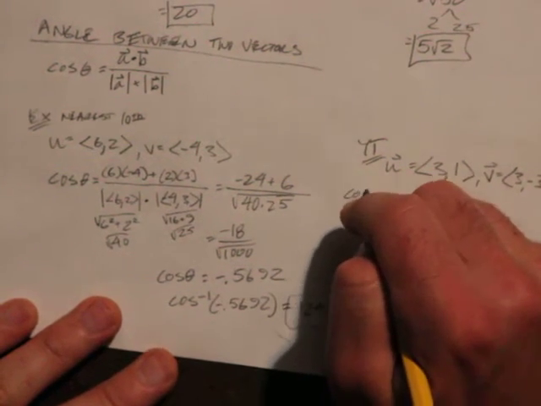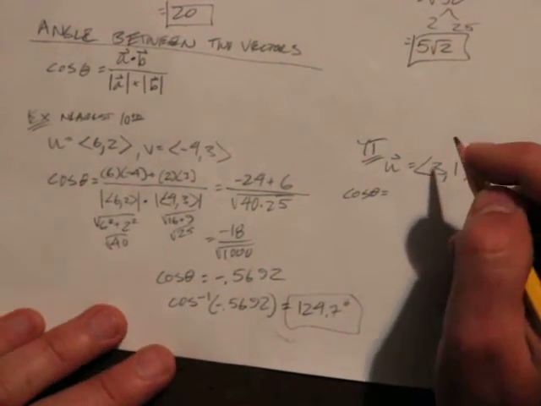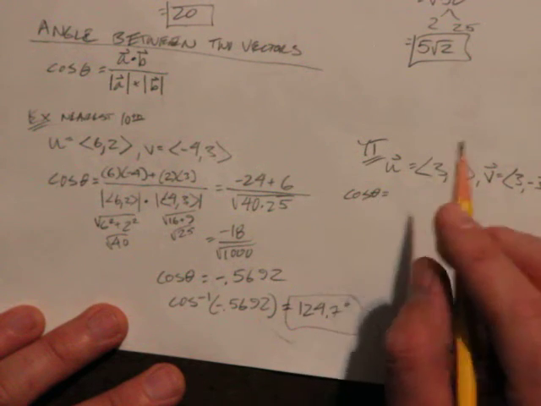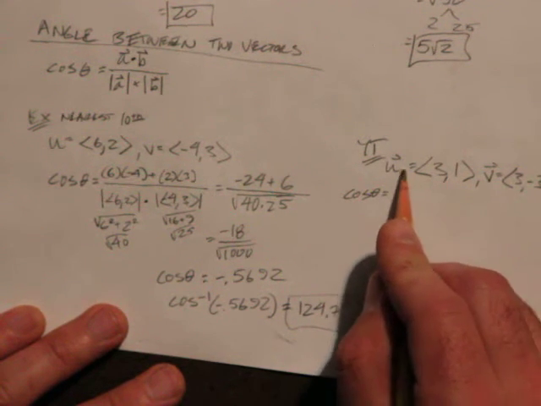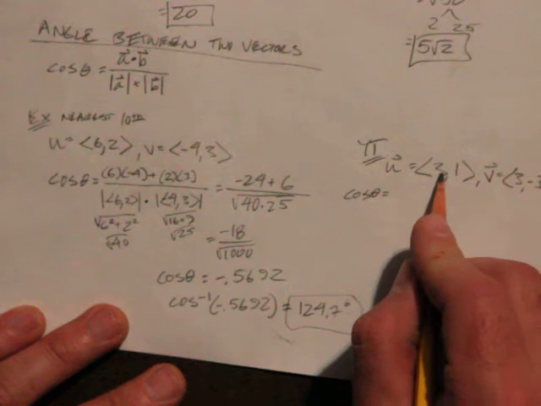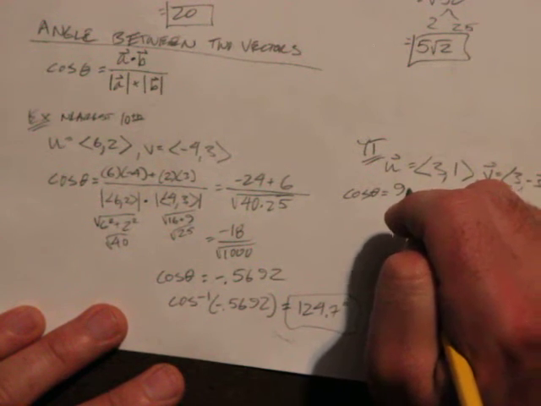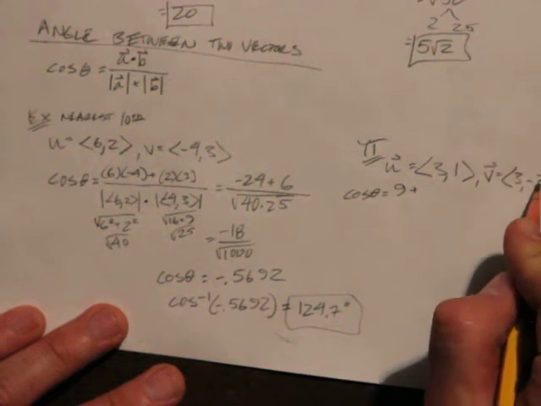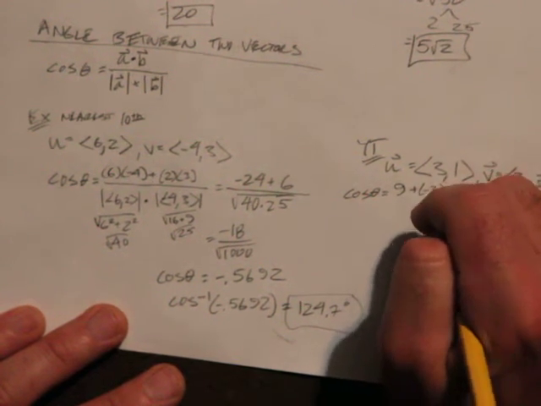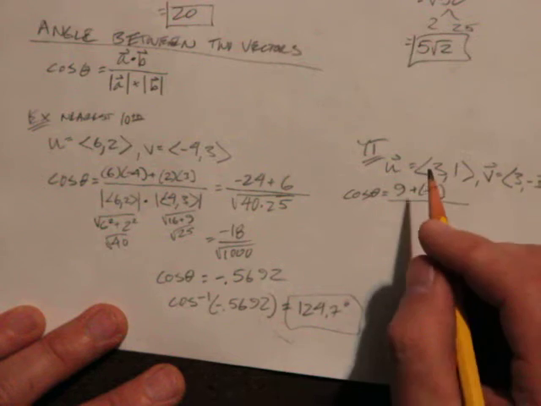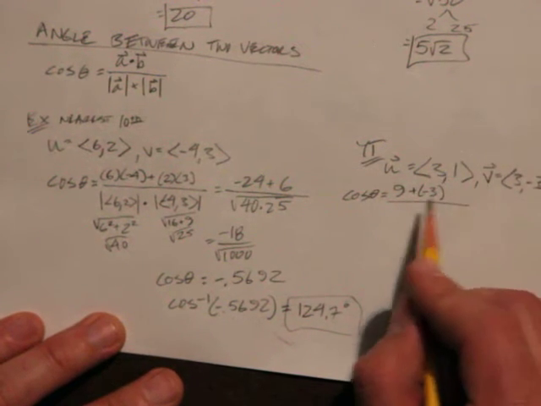Alright, cosine of theta equals vector U dot vector V. So 3 times 3, which is 9, plus 1 times negative 3, which is negative 3, over the absolute value of these guys.